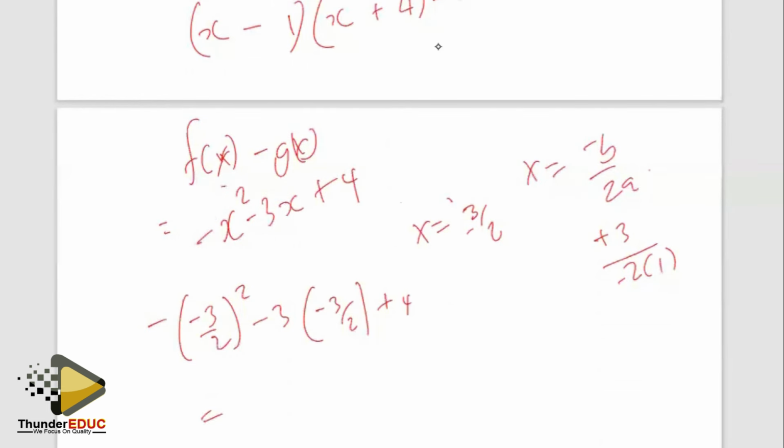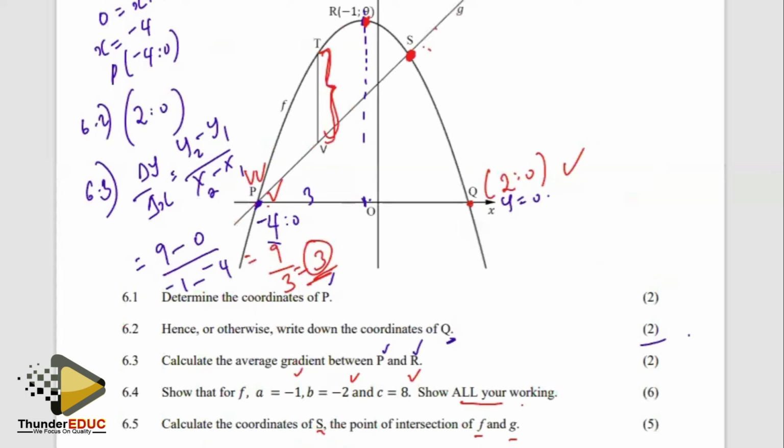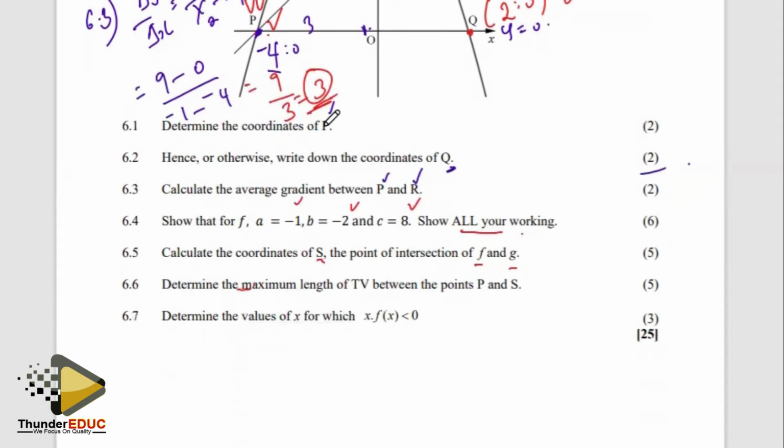With the help of a calculator, I'll have plus 9 over 4 and then plus 4. So I'll have just 4 units. That's when we shall have the maximum. In other words, the maximum distance between the two graphs can only be 4.